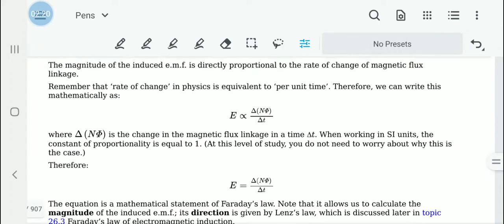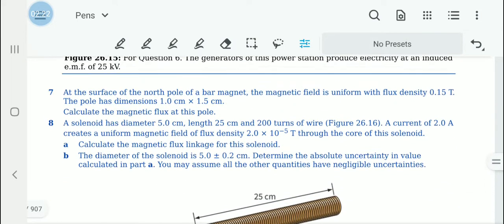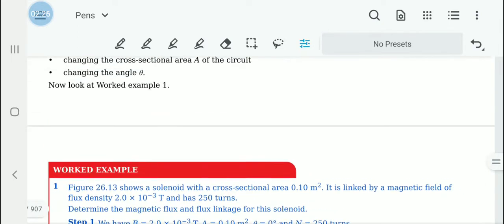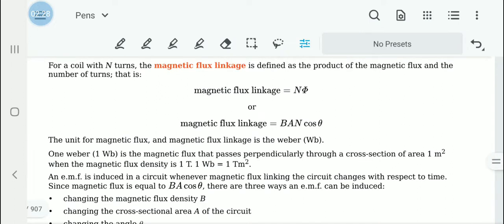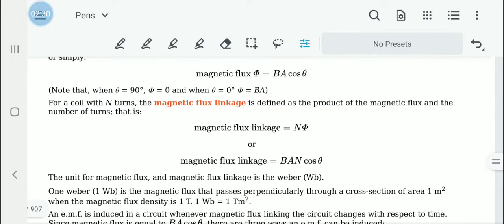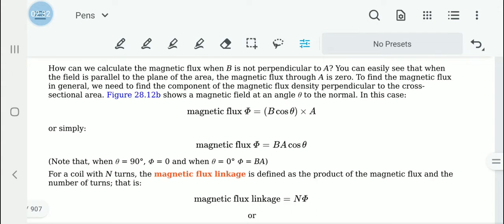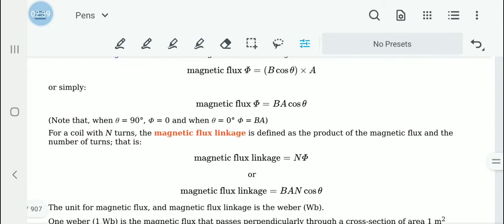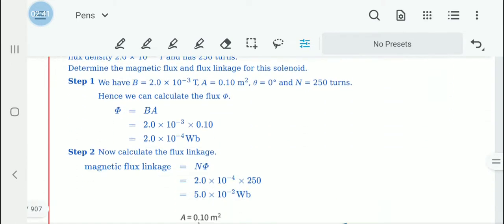Now we know the equation for φ. We use the equation BA for magnetic flux, and BA cos θ is the magnetic flux if there is an angle in between.